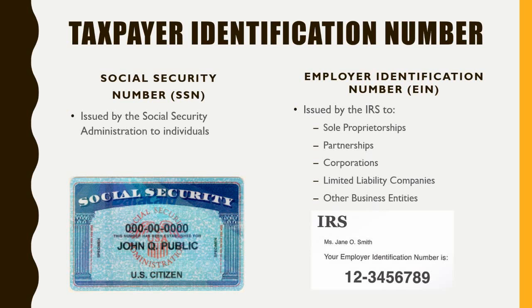So again, both of them are going to come from the IRS. Specifically, Social Security cards come from the Social Security Administration. And how you apply for them is pretty straightforward, okay? So that's the difference that you need to know.